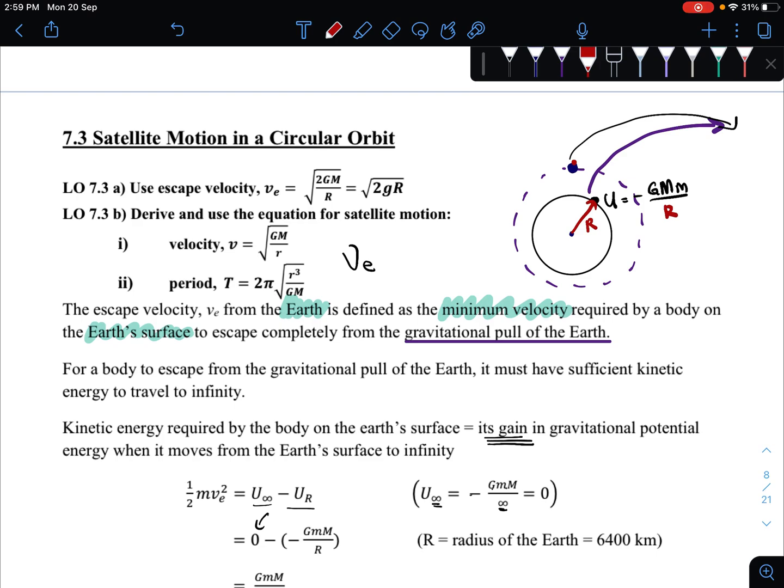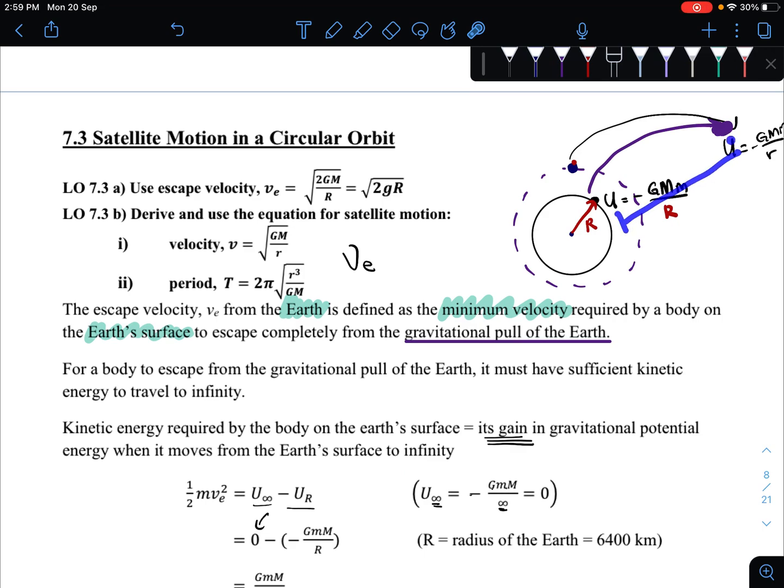Then when it travels and goes to infinity, it will have another gravitational potential energy, negative GMm over R. The R here is now the distance from the center to wherever the location is, which we call infinity.